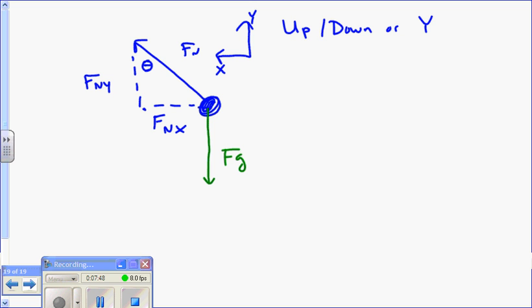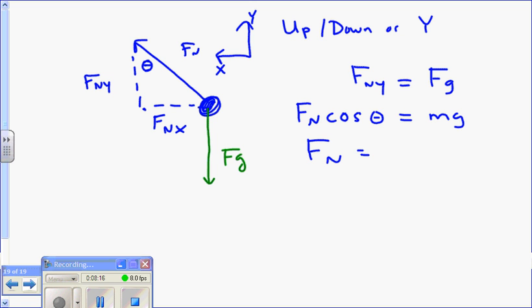So in the up or down direction, I can say then that my Fny equals Fg. Only force is Fg. And Fny, you will notice, is adjacent to my angle. So then Fn cos theta equals mg, or Fn equals mg over cos theta.